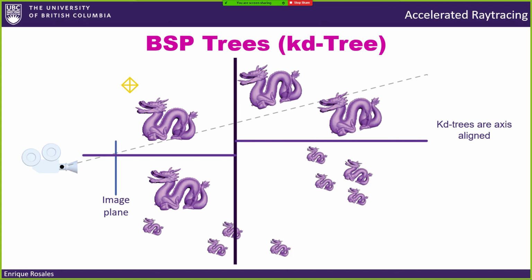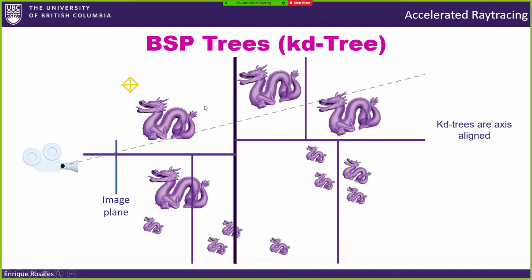Then for each of those two pieces, you repeat the process, but now getting the mean value in Y, and you create this section and then this section, and you just repeat the process. I'm not showing every segment here. For example, I'm going deeper in this area. I didn't show divisions here because it's just an example.